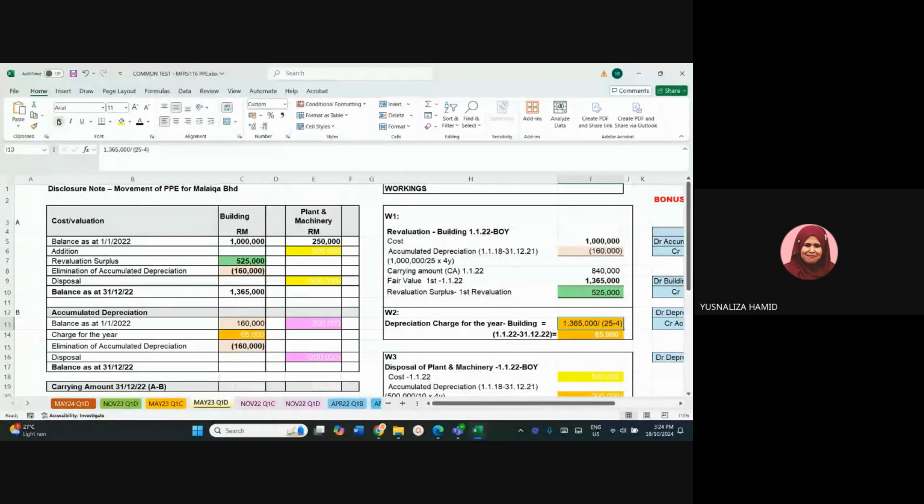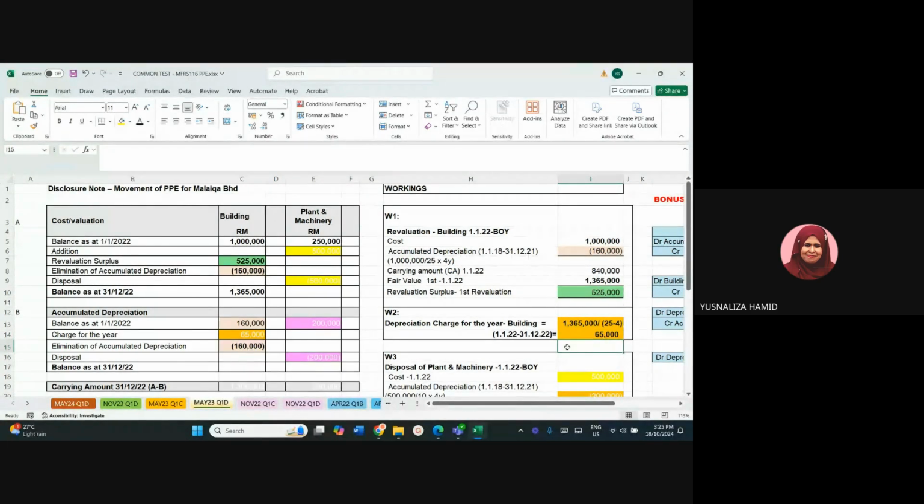Revalued amount means the 1365, the fair value, and you have to divide by the remaining useful life. At first, the useful life was 25 years. You have accumulated the depreciation for 4 years. So now the remaining useful life is just 21, because 25 minus 4. So take 1365 divided by 21, you get 65,000. That 65,000 is the current year depreciation.